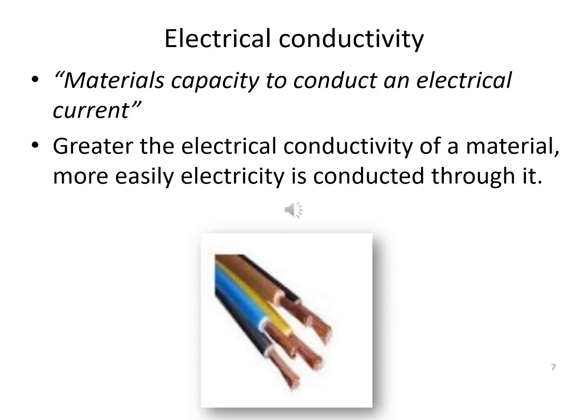As electrical properties are related to electrical conductivity, we can say that materials which have the capacity to conduct an electrical current are conductive, or they have electrical conductivity.